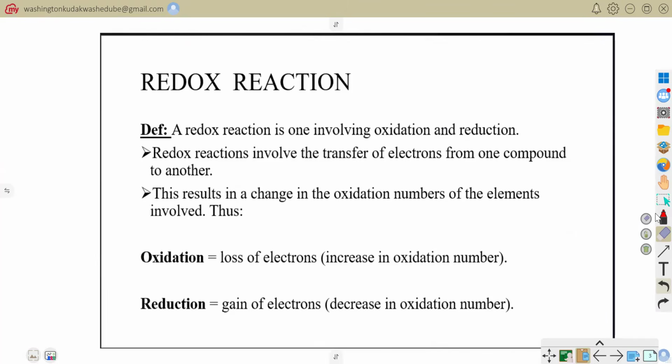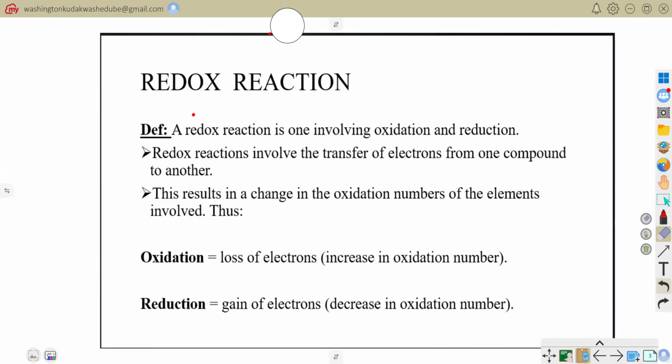From the word, you can see that I can divide it into two, where red means reduction and ox refers to oxidation. So we are simply saying that redox reactions are reactions that involve both reduction as well as oxidation reactions.